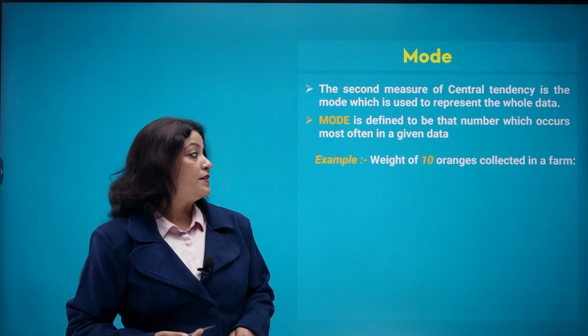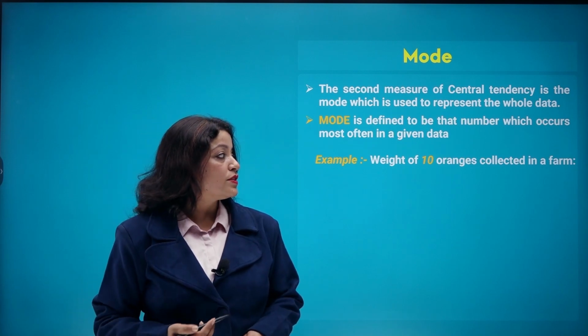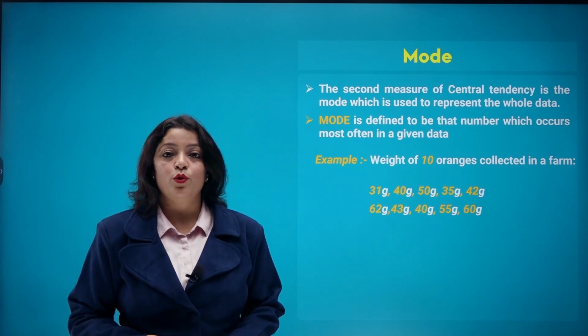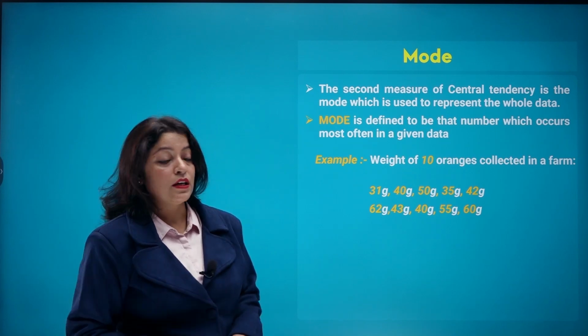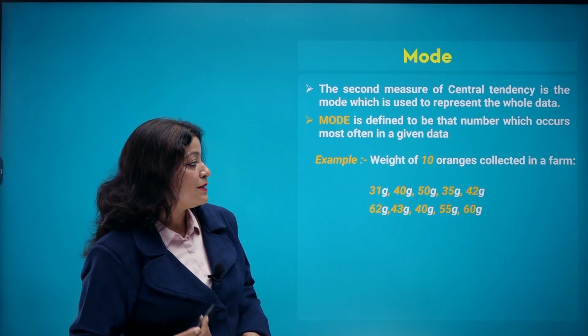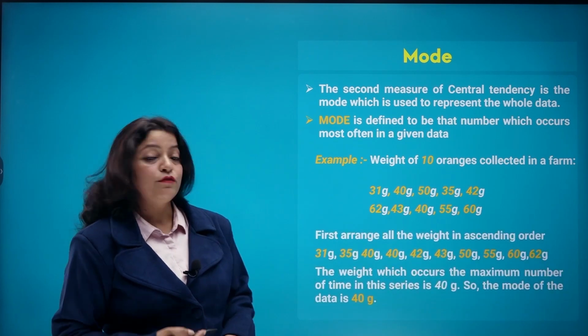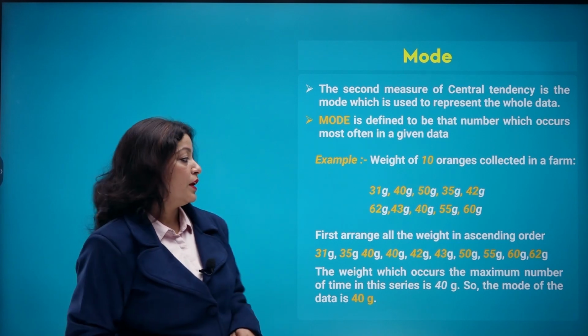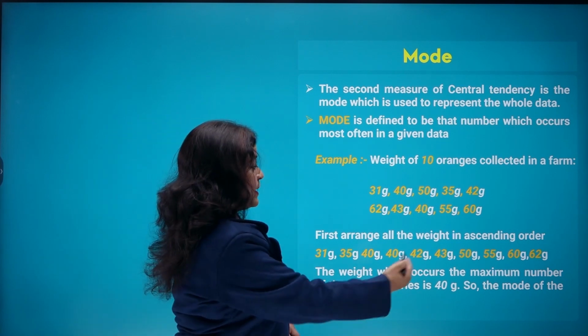We can take an example like the weight of 10 oranges collected in a farm. If they are given as these, what is the mode of the data? We have to see which number is occurring the maximum number of times. First we arrange the weights in ascending or descending order. Let's arrange them in ascending order.